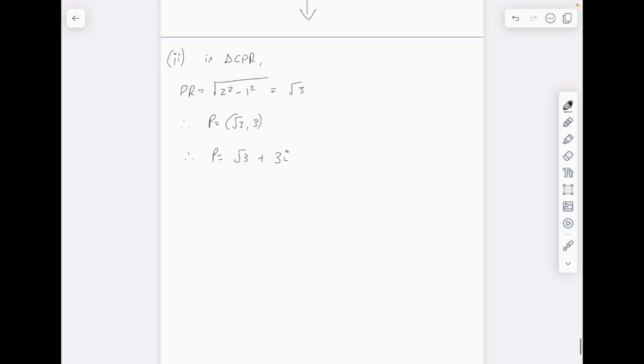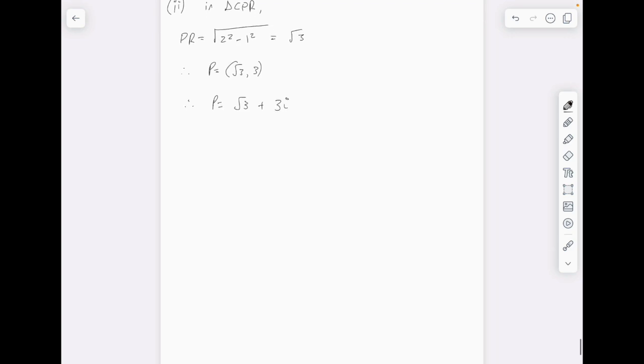If we want to find the argument now, the argument of P is going to equal arctan of 3 over root 3, which is going to become root 3, which gives pi over 3, guys. And that is going to be the final answer to that question.